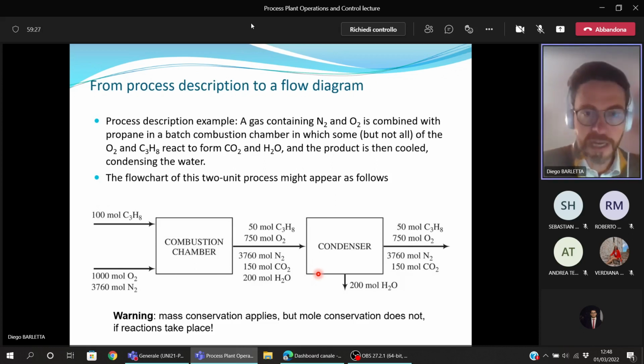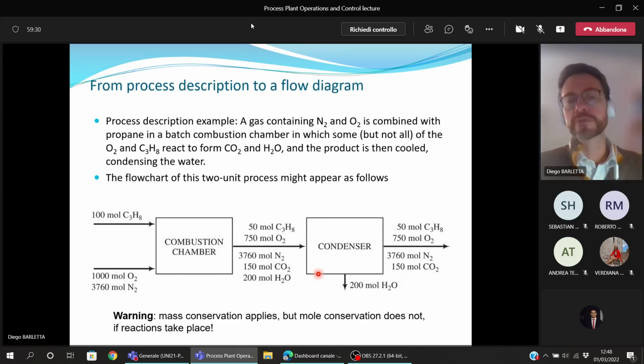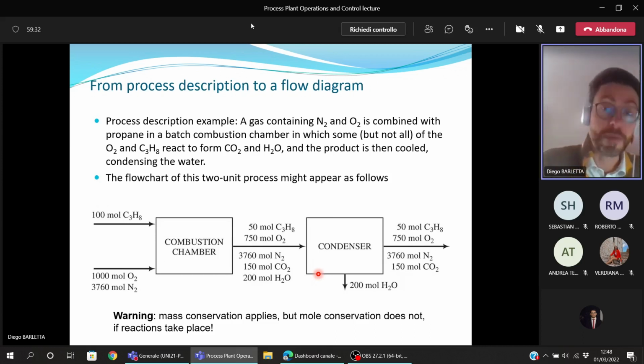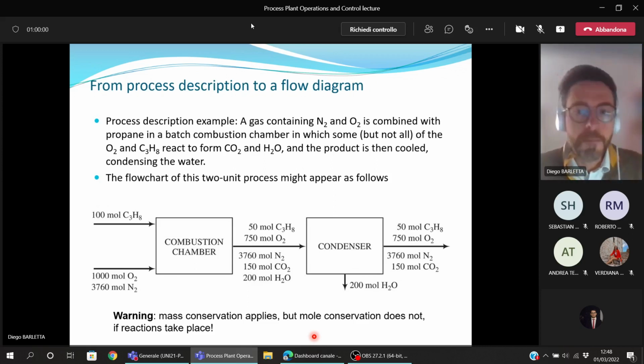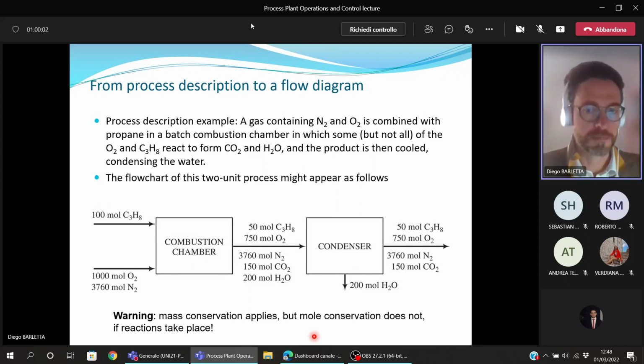Okay, so this is an important message to remember, and actually we will go back to this when we consider material balance involving chemical reaction. In the first part, we will consider only physical transformation without the chemical reaction. But this is the first take-home message: mass conservation always applies, mole conservation does not always.